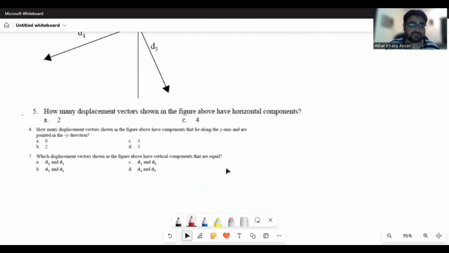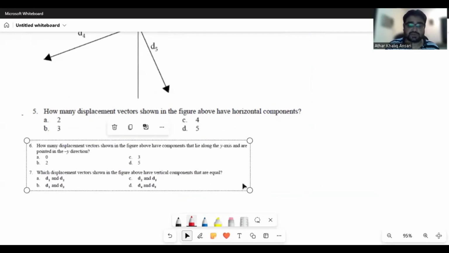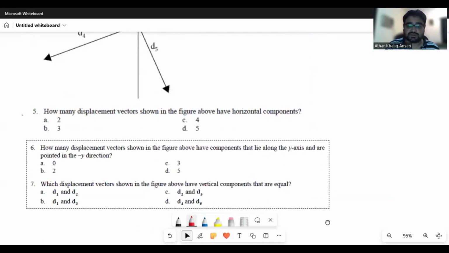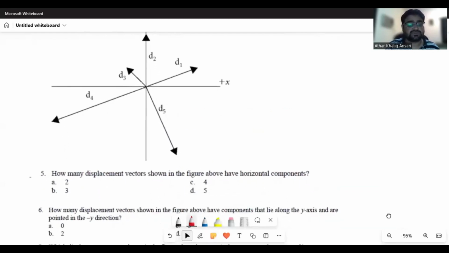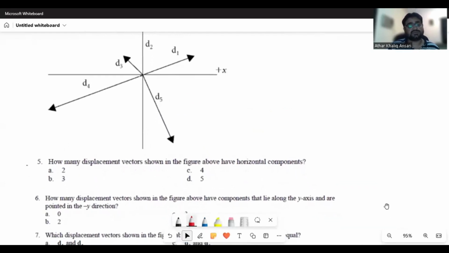All of these vectors shown here, we can check what the values of these are. The first question, number 5, is asking how many displacement vectors shown in the figure above have a horizontal component.